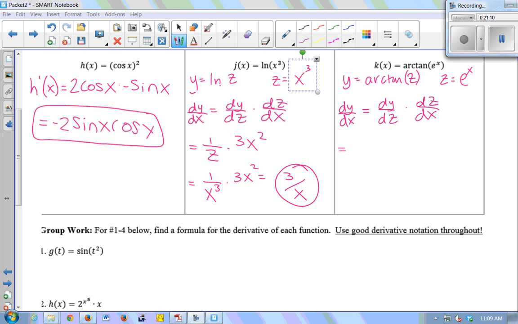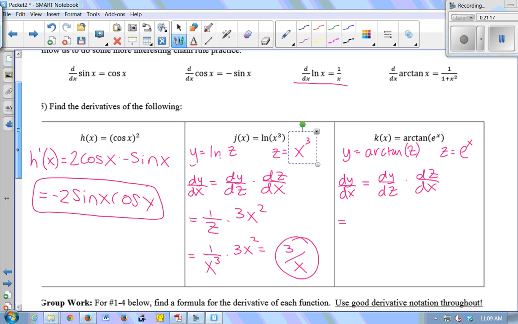Okay, dy dz. Look at the y function, arctan z. I want to take its derivative. I gave you the derivative rule, the last one on the right up here. 1 over 1 plus z squared. Yep. The derivative of arctan x is 1 over 1 plus x squared, so the derivative of arctan z would be 1 over 1 plus z squared.